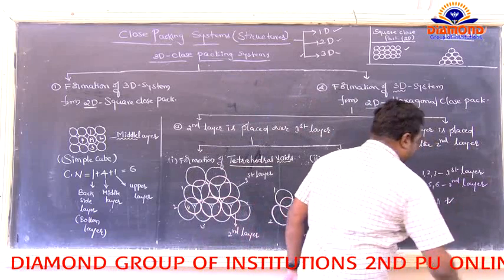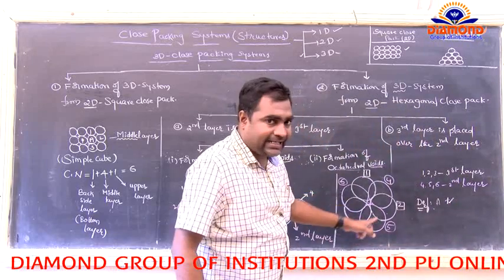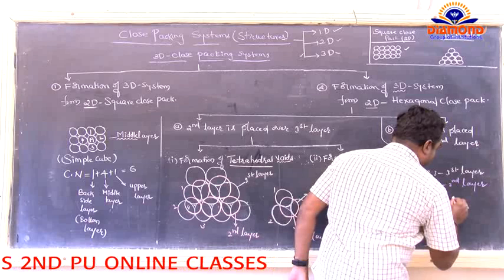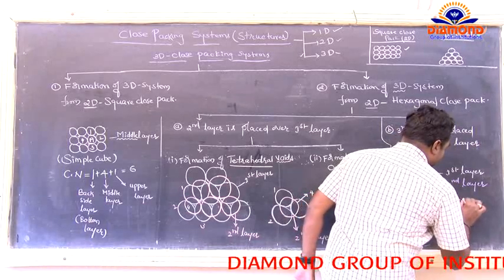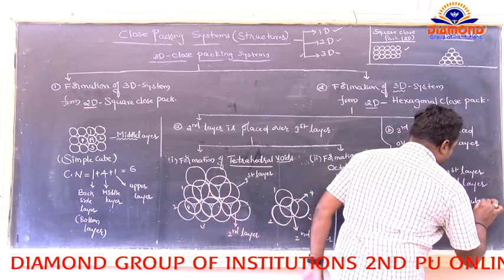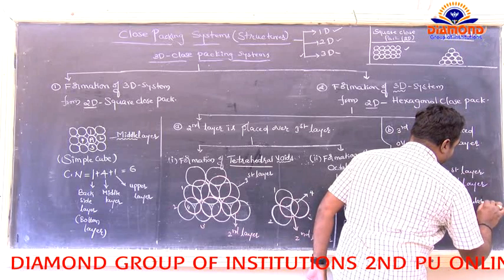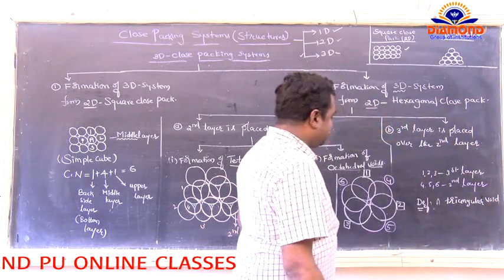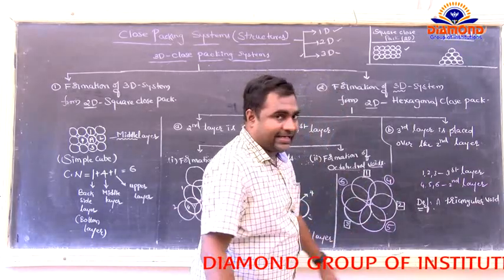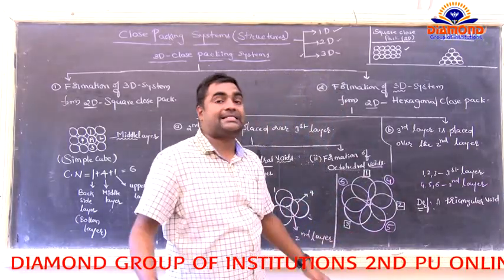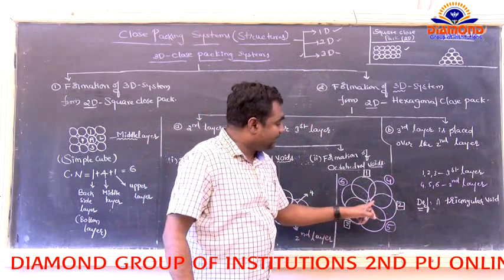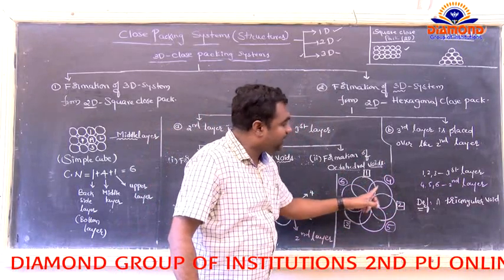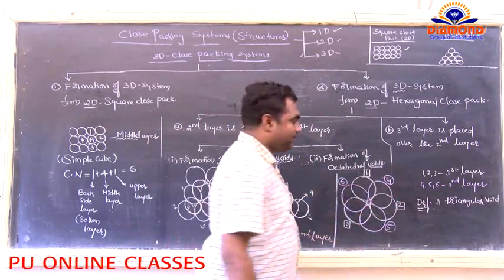A triangular void present in the second layer is placed exactly over the triangular void formed by the first layer.